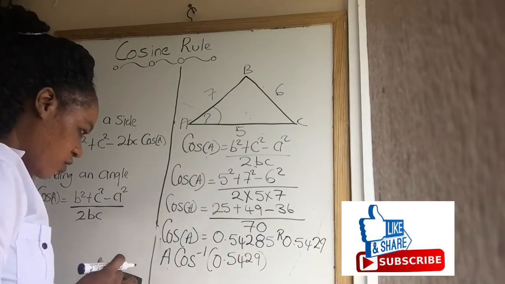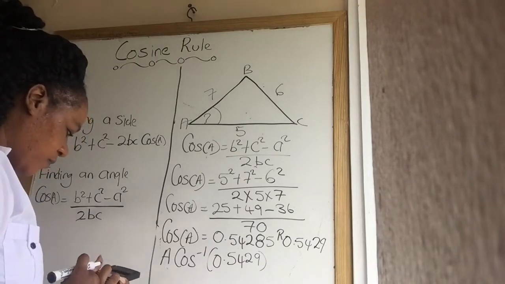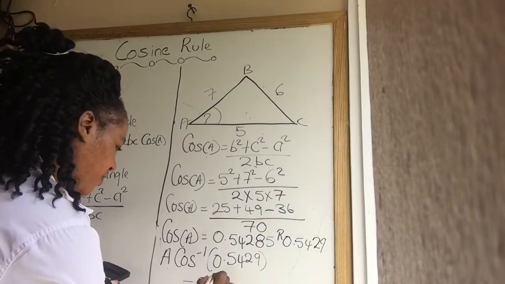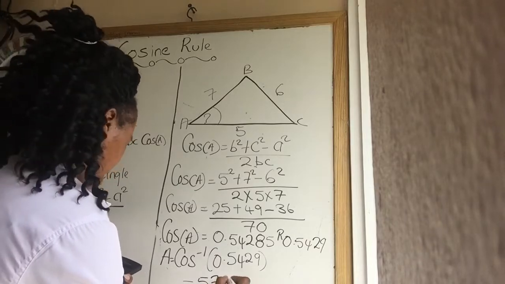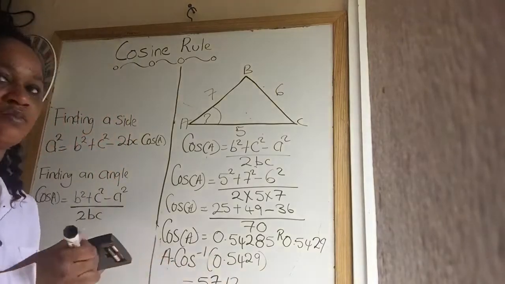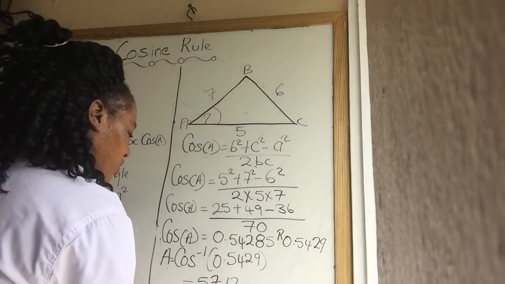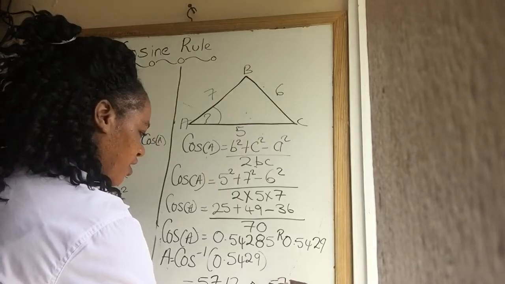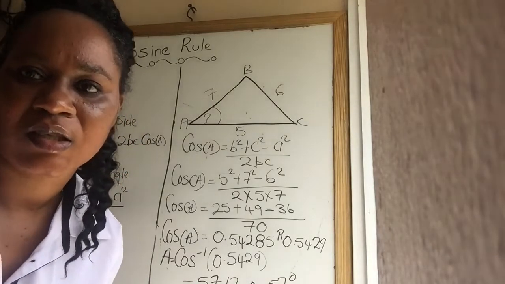Shift cos of 0.5429, and that is equal to 57.12, or we could round this off to 57 degrees.